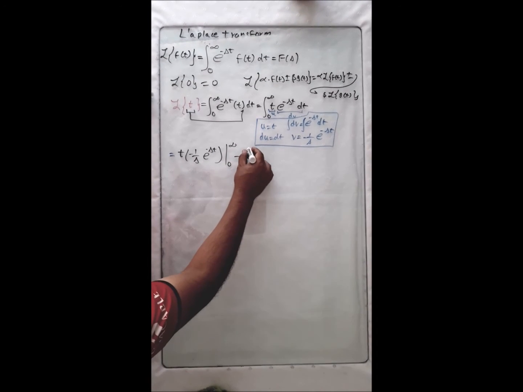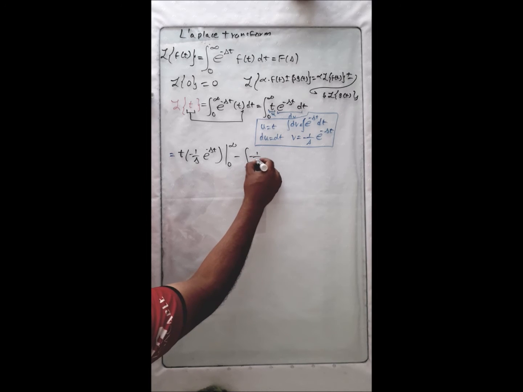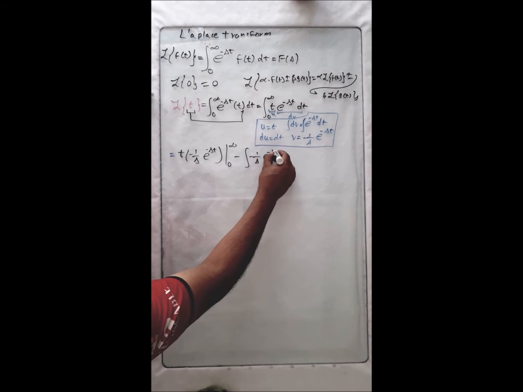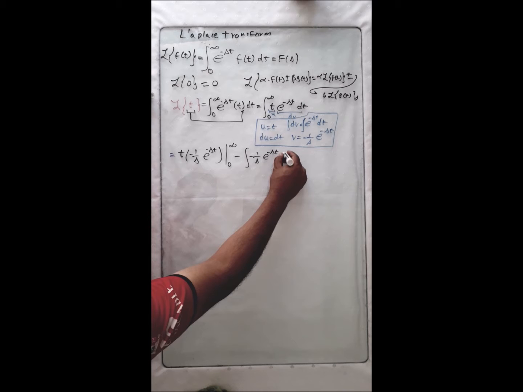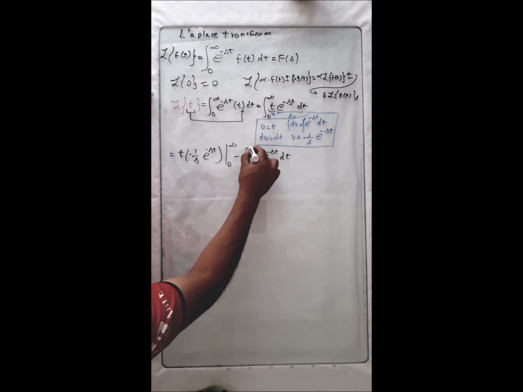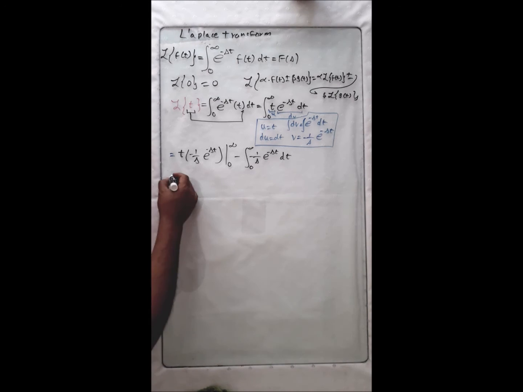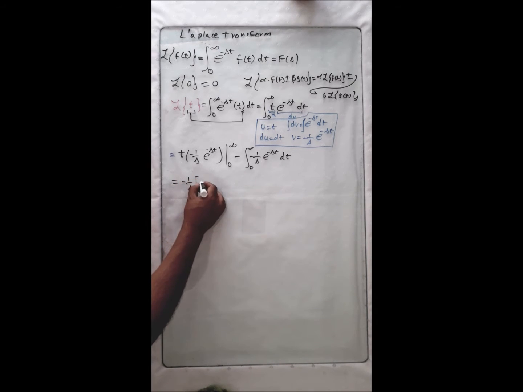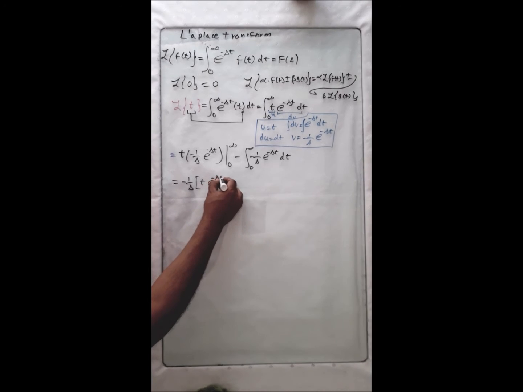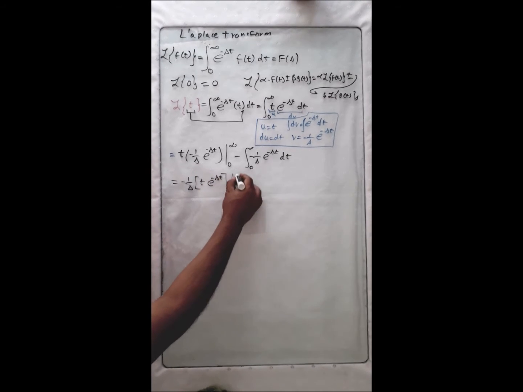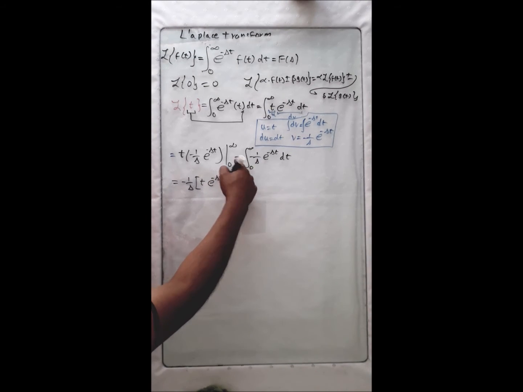And then minus the integral of v, minus 1 over s exponential minus st, times du, which is just dt, from 0 to infinity. Let's do some operations here. Minus 1 over s t exponential minus st from 0 to infinity, and then minus times minus is positive.